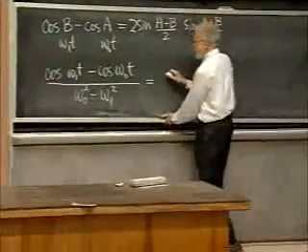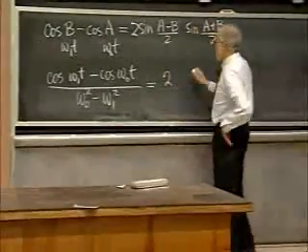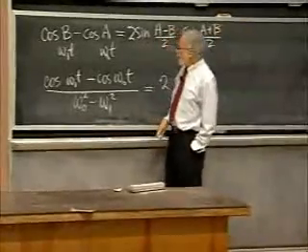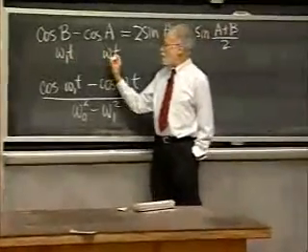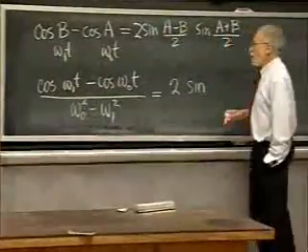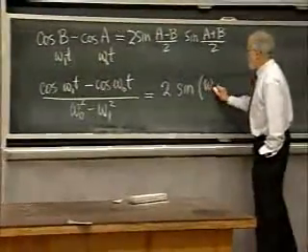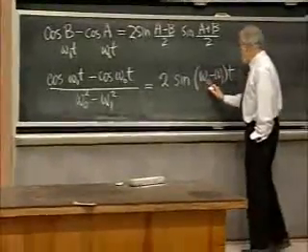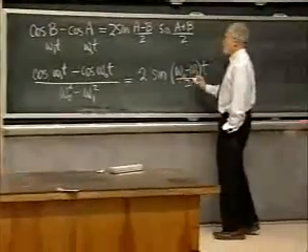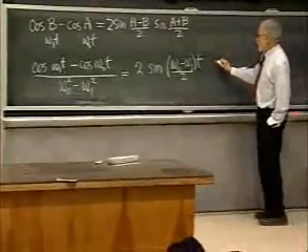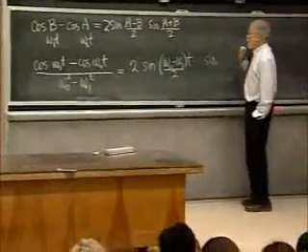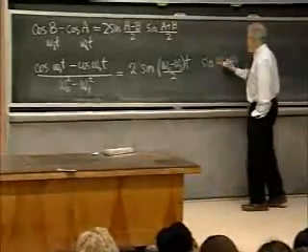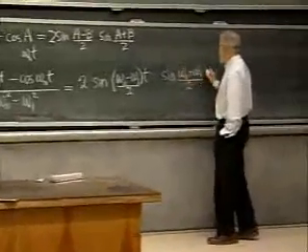Well, the right-hand side is twice the sine of A minus B over 2. Now that's good because these guys sort of resemble each other. So that's omega naught minus omega 1 times t, that's A minus B, and I'm supposed to divide that by 2. And then the other one will be the same thing with plus: sine of omega naught plus omega 1 over 2 times t.